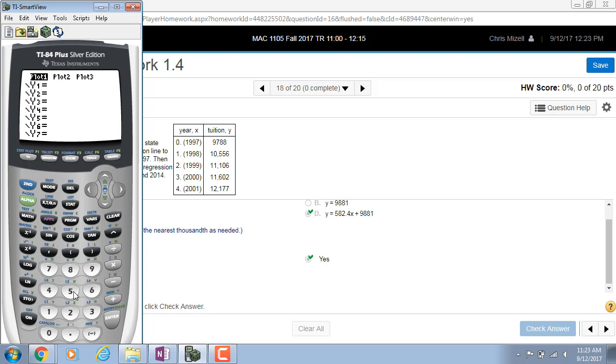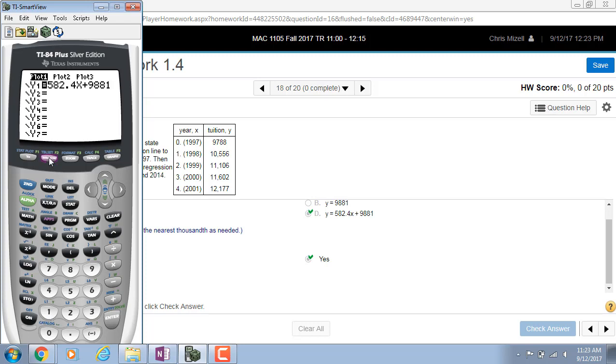Y equals 582.4 times x, using the X,T,theta,n button, plus 9,881. Very steep, and a tremendously high y-intercept.